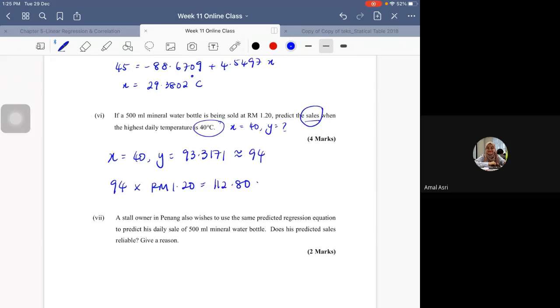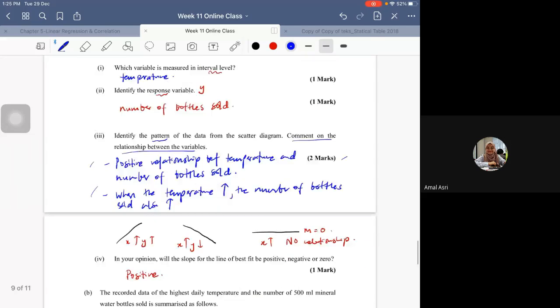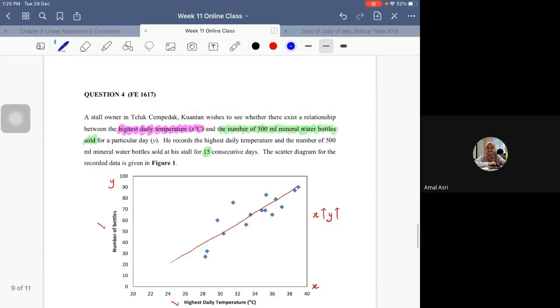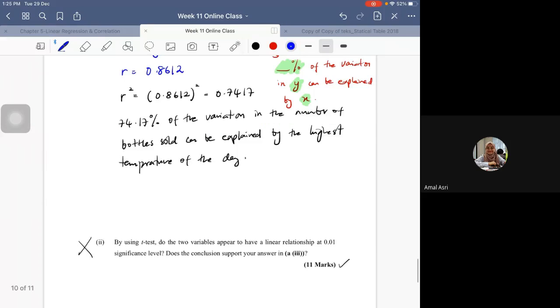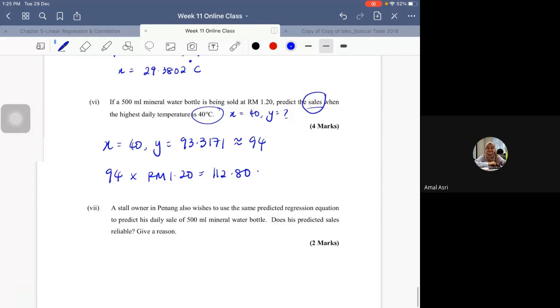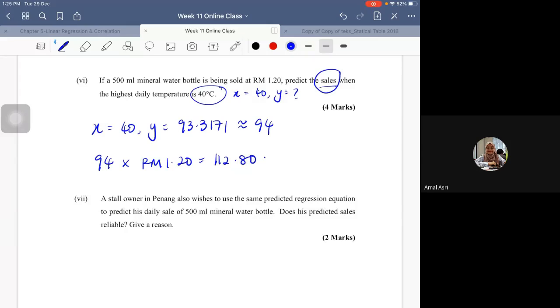Okay, the last one. It says over here, a stall owner in Penang. So the sample over here, where is it taken? This particular sample is taken by a stall owner in Teluk Cempedak, Kuantan. But now it says that a stall owner in Penang also wishes to use the same predicted regression equation. The owner wants to use the same model to predict his daily sale of 500 milliliter mineral water bottles. So is his predicted sale reliable?